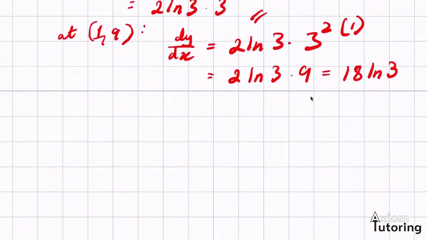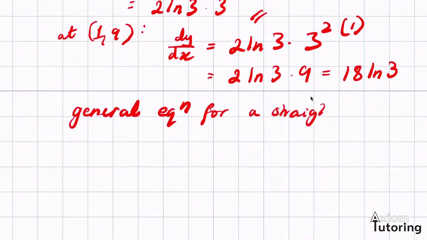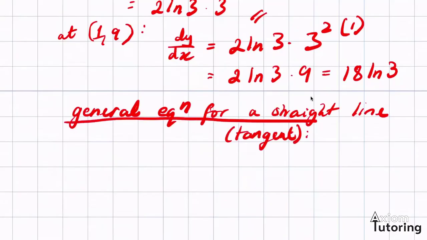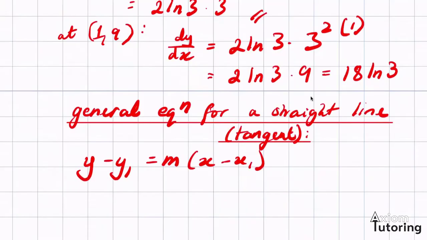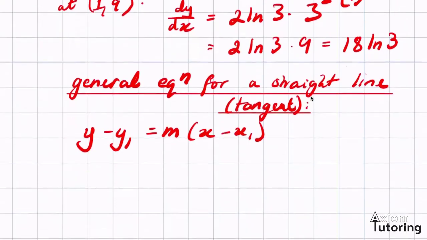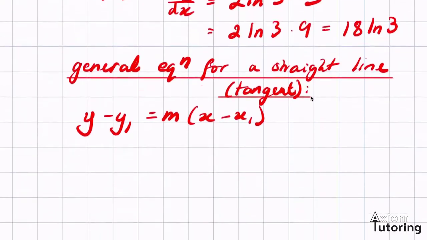So the tangent is a straight line. Our general equation for a straight line, so I'm going to put tangent in brackets because that's the straight line we're looking for, is going to be y minus y1 equals m times x minus x1, where m is the gradient, which we've just calculated. That's 18 ln 3.